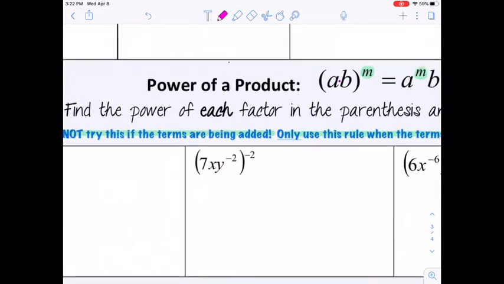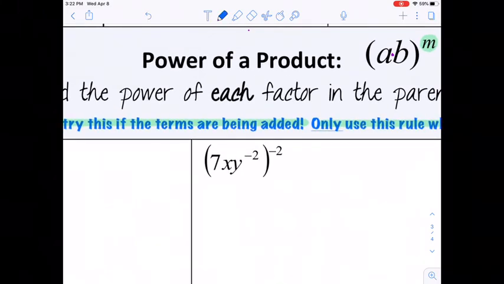I'll do the example in the middle here for you. So I have an exponent of negative 2, and it's going to go on all the terms inside. Notice everything's being multiplied. There's no adding or subtracting going on inside here. So I want to figure out what's the exponent. If there's no exponent written, it's a 1. x is to the first, and y is to the negative second.